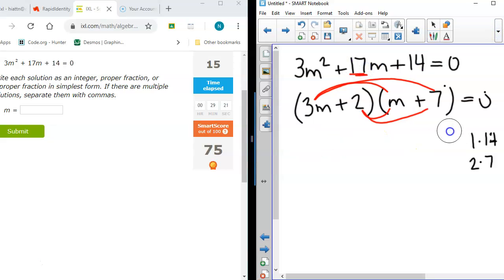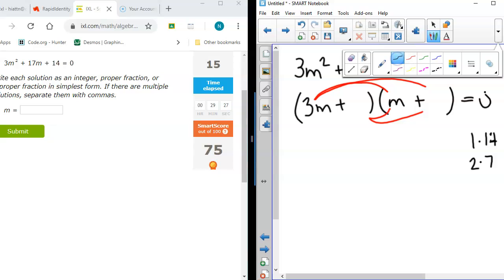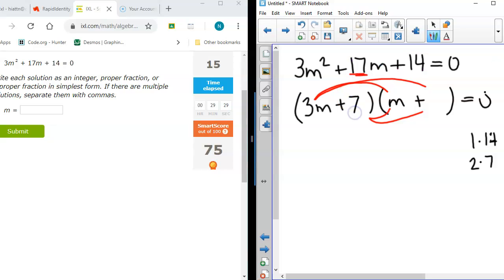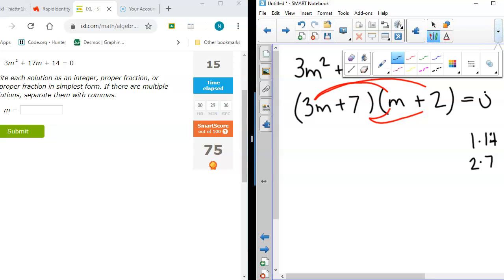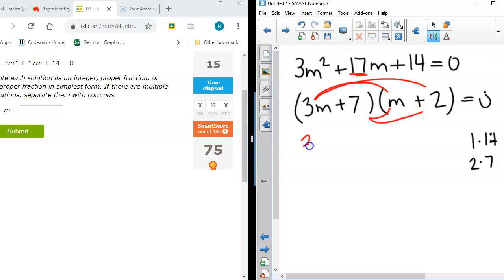So that tells me that this is not correct. So I'm going to back up here to the 2 and the 7. Before I give up on the 2 and 7, what I want to do is switch where they're at. I want to put the 7 right here and the 2 right here. So when I try that, I've now got 3m squared.